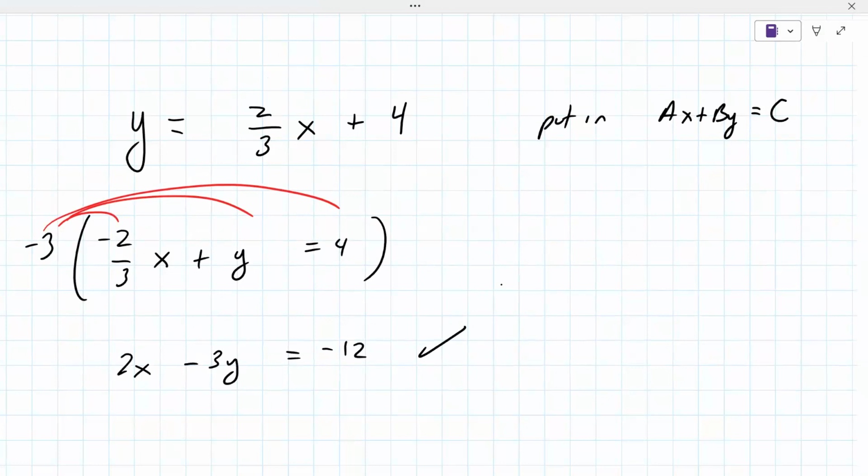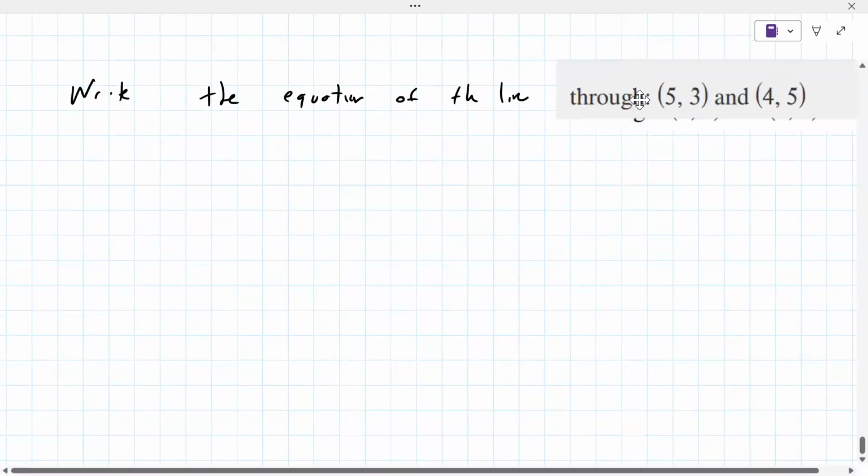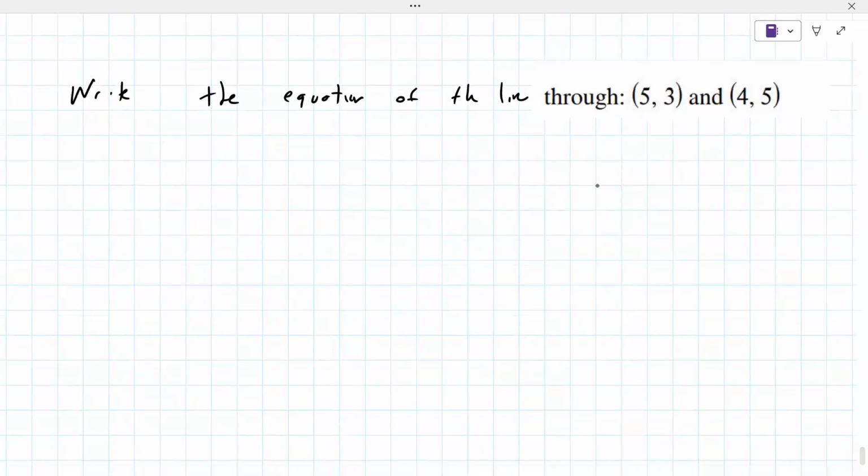So the last question here, we're not going super in depth, because there's a lot more that could be done, but your classic test or quiz problem is to write the equation of the line, and it'll give you the points like this. Part A is the point slope form.